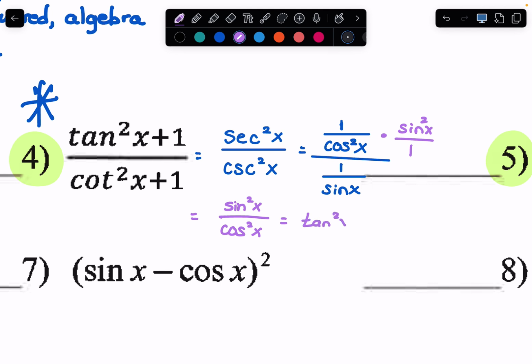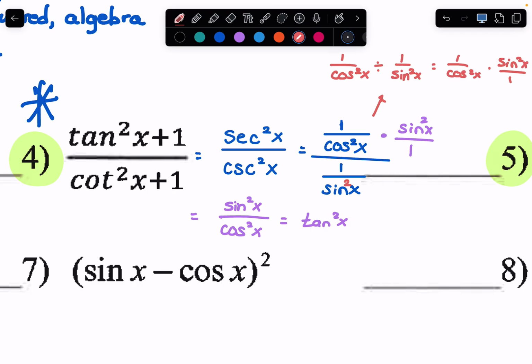If you need this a little bit more, it would be 1 over cosine divided by 1 over sine. Then you keep, change, flip. Okay, that's keep, change, flip all written out.